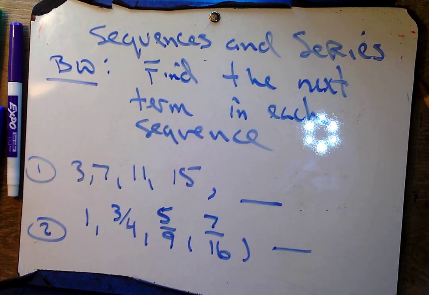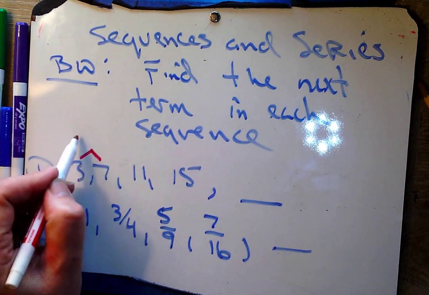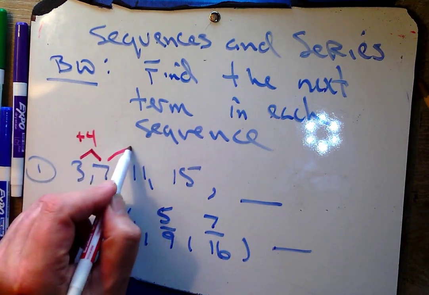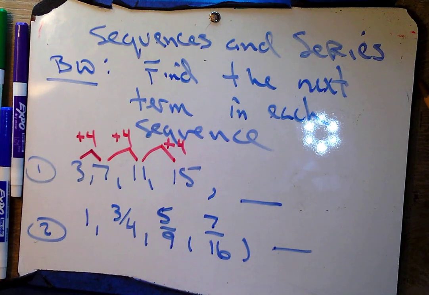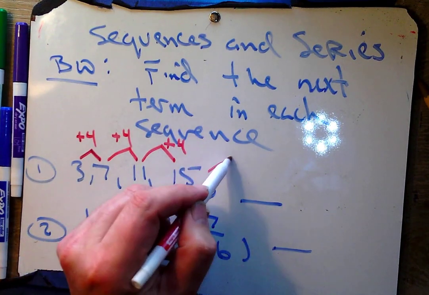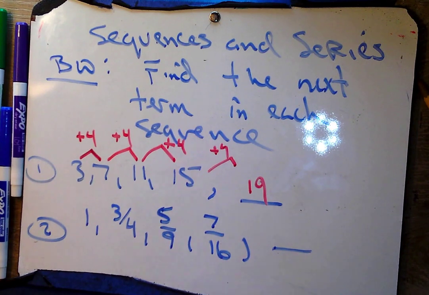Hey, welcome back. How'd it go? Were you able to have some meaningful and useful thoughts here? Well, I noticed that this went up by 4, and this went up by 4, and this went up by 4. So I thought this one would go up by 4 and be 19. This one's not going up by the same amount.